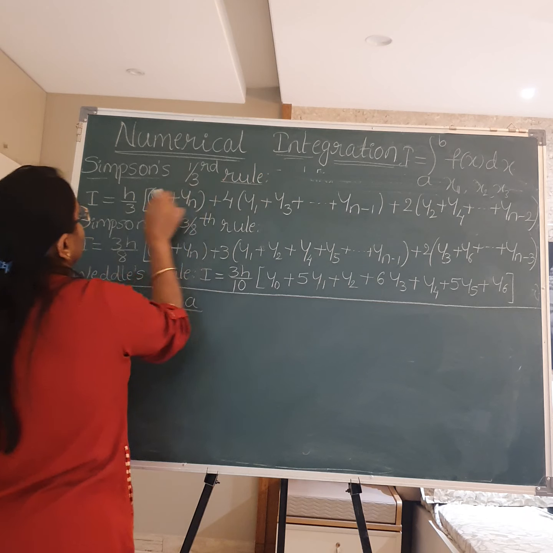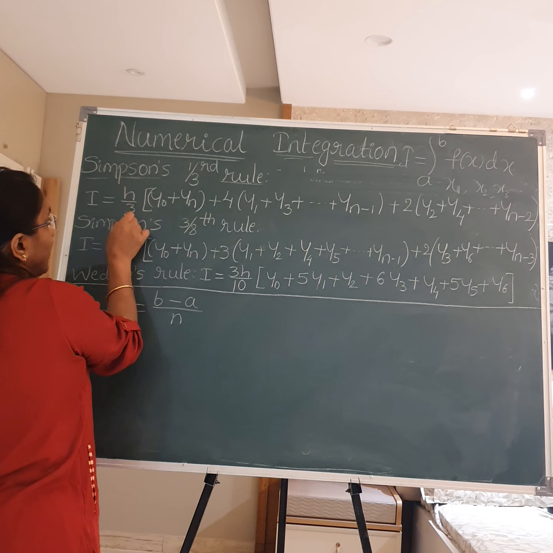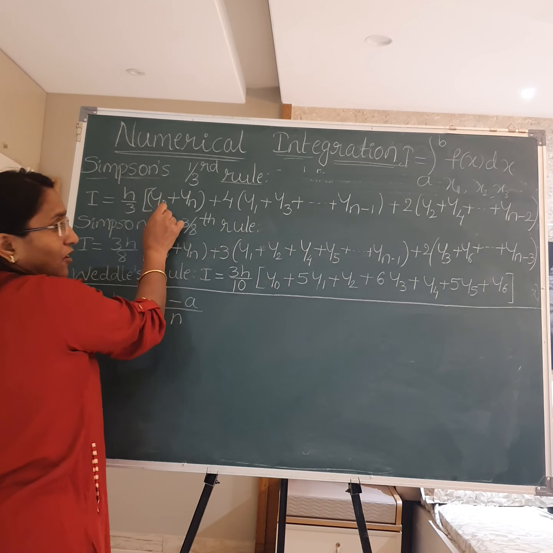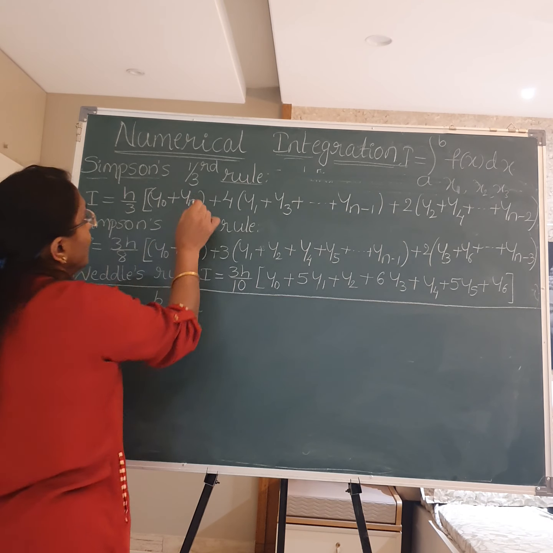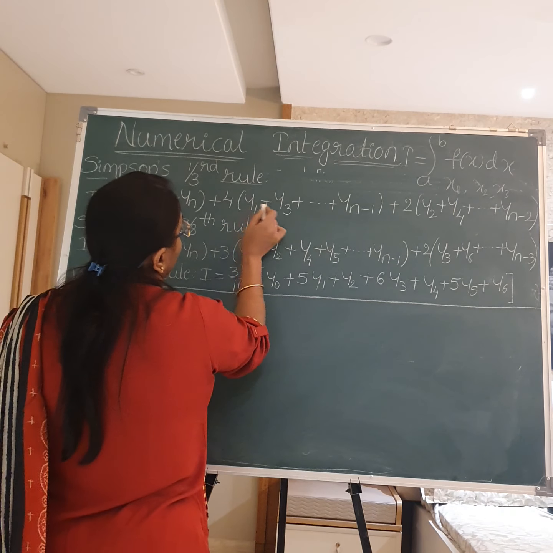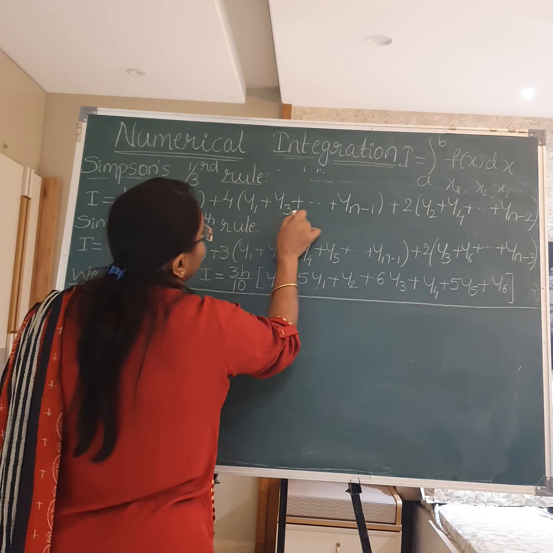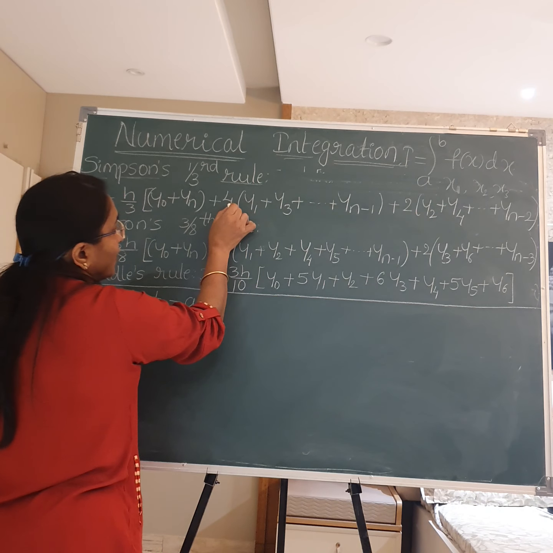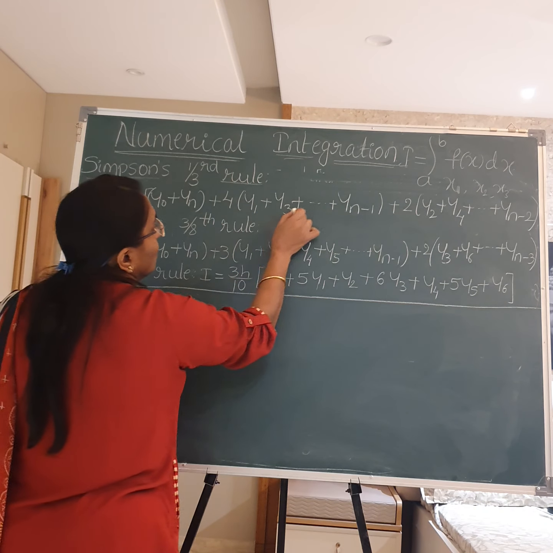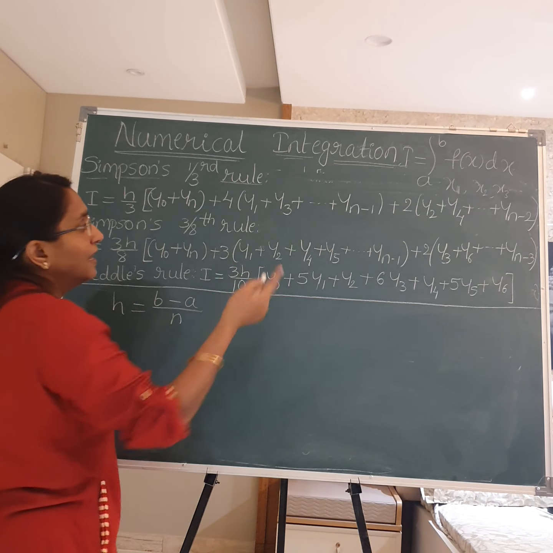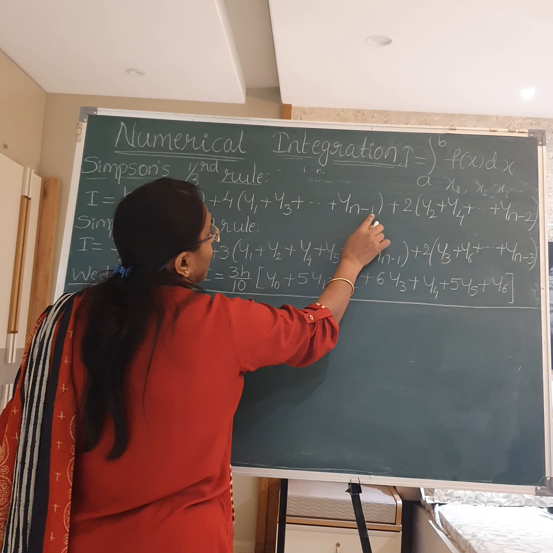Simpson's 1/3 rule means h by 3, into y0 plus yn. Y0 is the initial value of y and yn is the final value of y. Plus 4 into y1 plus y3 plus so on, up to yn minus 1. Here we take only odd indices, that is 1, 3, 5, and finally yn minus 1.